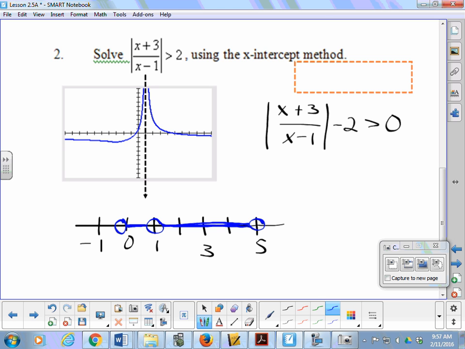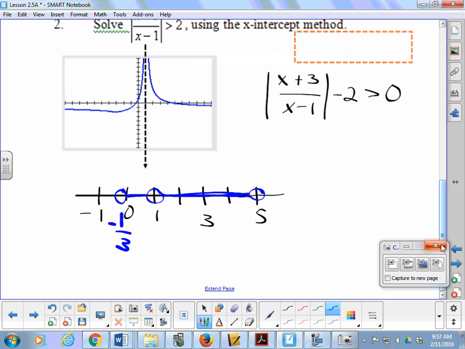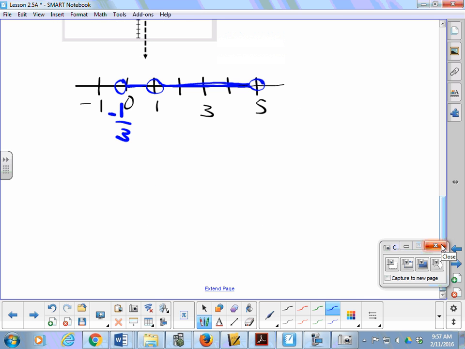Okay. So what is the one less than 0? Negative 1/3? Okay, so we've got negative 1/3 here at 1 and at 5. So when I express this with interval notation, we have parenthesis, negative 1/3, comma 1, or parenthesis 1, comma 5.